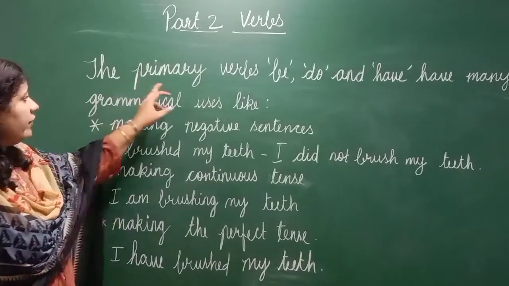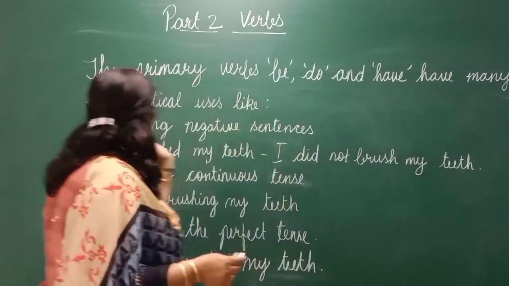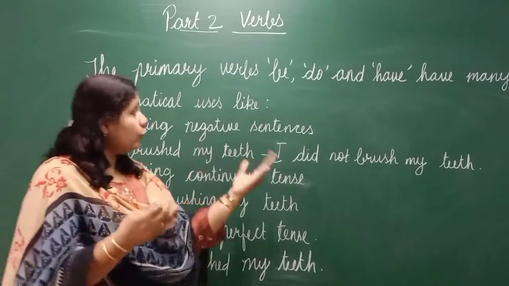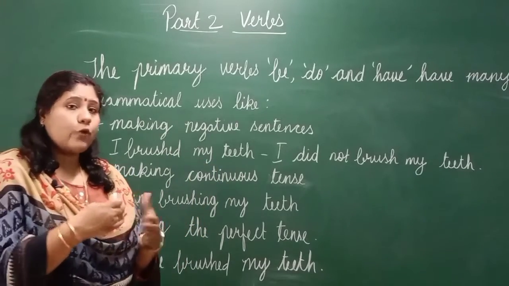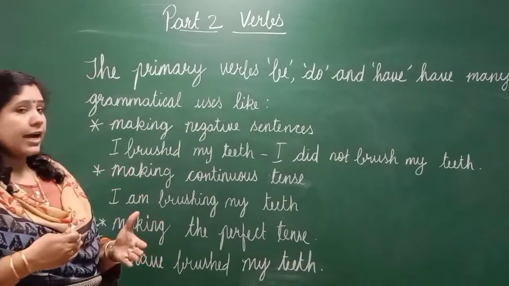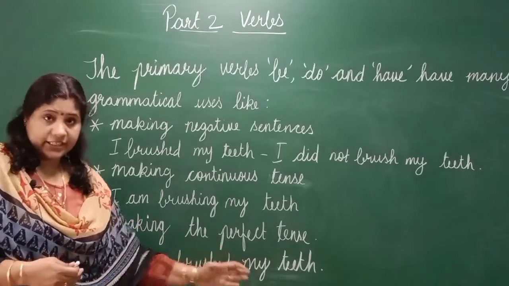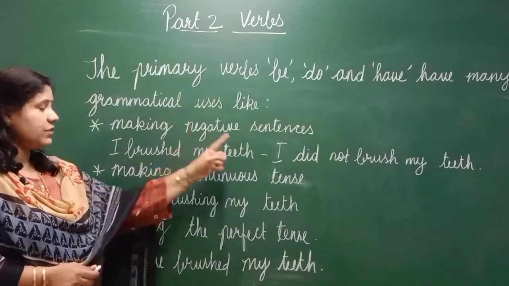The primary verbs be, do and have have many grammatical uses. We can use the be form, the do form and have in many ways, understood? In forming many tenses, even negative sentences, positive sentences, perfect tense. So let's read and understand. First, making negative sentences.